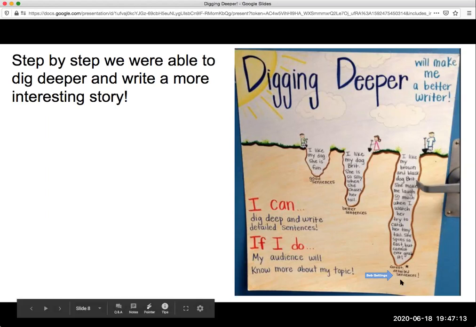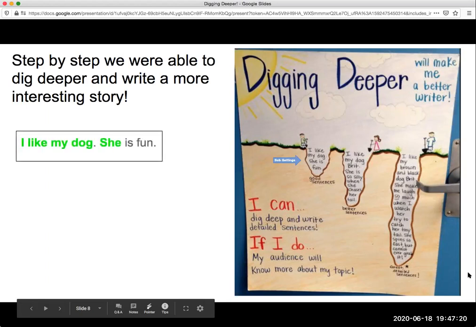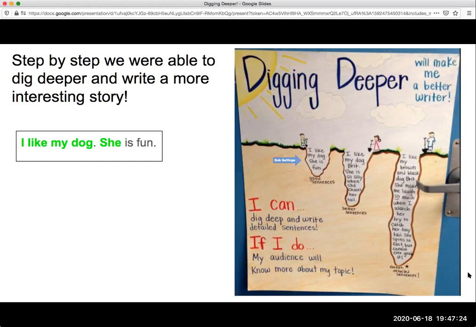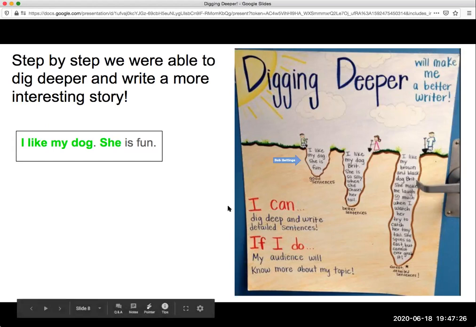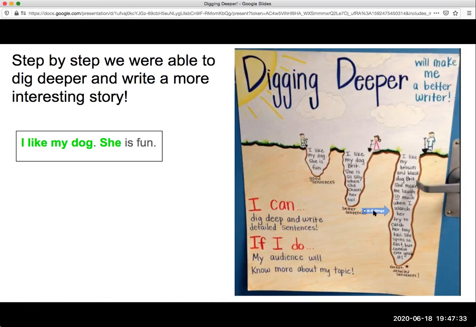So let's look at what we started off with. First, we started off with a very, very short two-sentence essay. I like my dog. She is fun. Now, we changed it in second step, third step, going back, changing something, reading it again, changing something else, going back to the beginning again, changing something in the beginning, going to the end, changing something in the end.